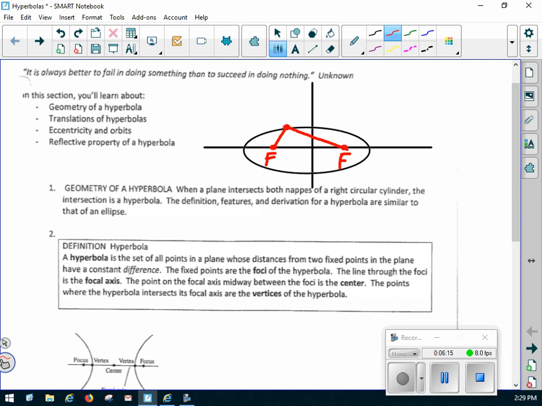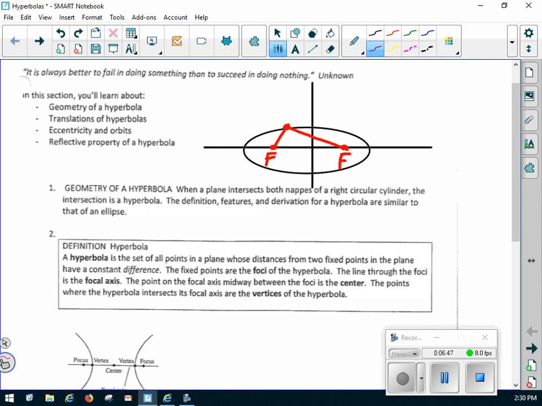Right there. If I tie a string to each of those foci, and then I put my pencil in it and pull it tight, okay? So my pencil is sitting right there. So these strings are tight. And then I just start moving that pencil around and keeping the strings tight. There's no slack in the strings. That makes an ellipse. It really does. You can try it at home.